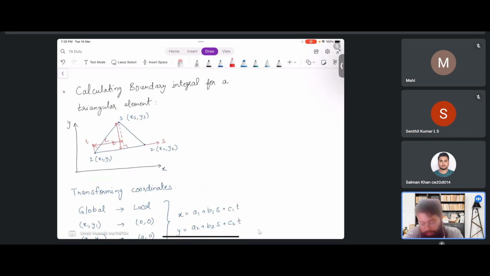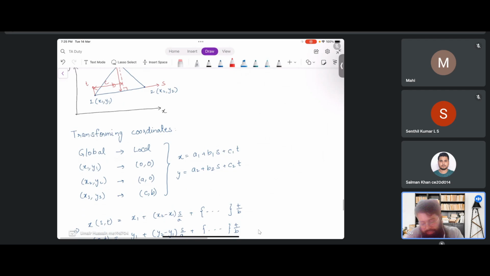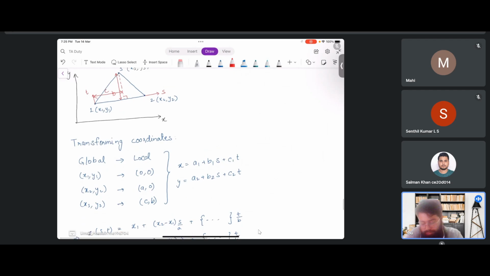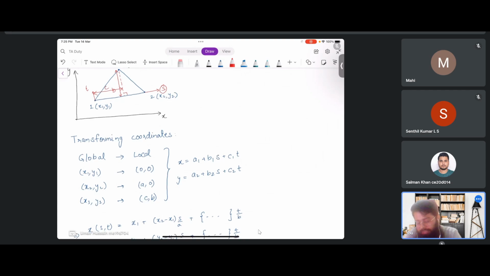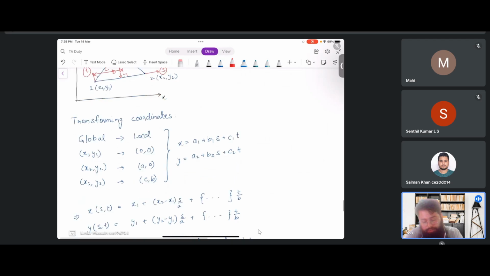Consider this triangular element here. We can see how to find the approximation function for the one line element we want. We can choose any line, 1-2, 2-3, or 3-1, any one. We just want to transform our given coordinate system to the specific coordinate system corresponding to the line. The thing of importance is the one dimension of this line, that is S. For convenience we can consider T also here, but we won't need it, you'll see later.